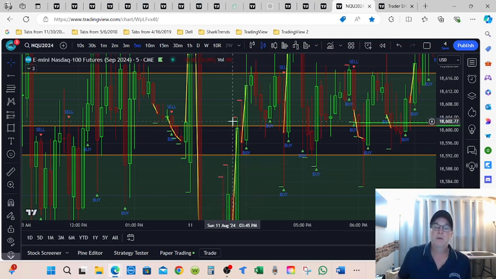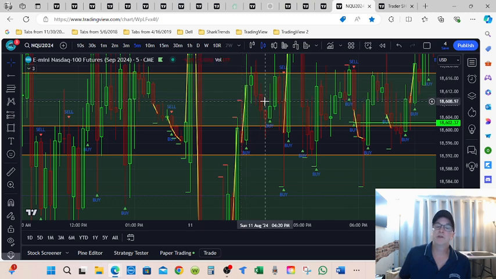Okay, so if you come up and you see sell side liquidity and you look right or left, chances are that if it ends up trading above it, you've got to look at multiple time frames to see what it's going to do.